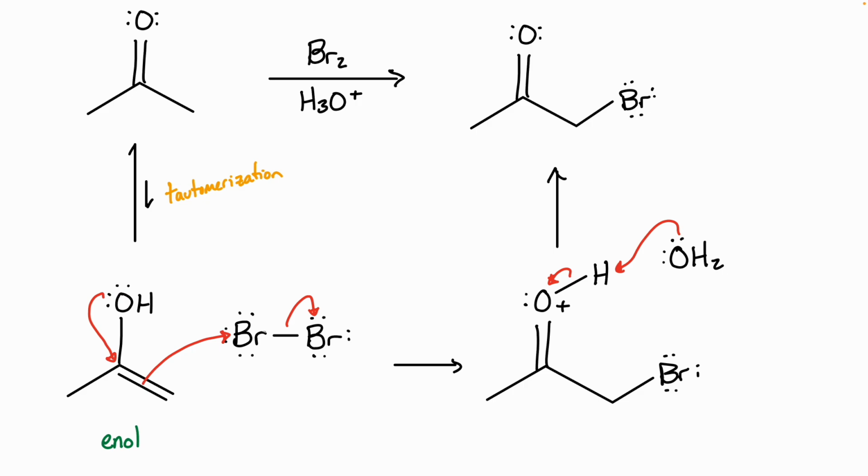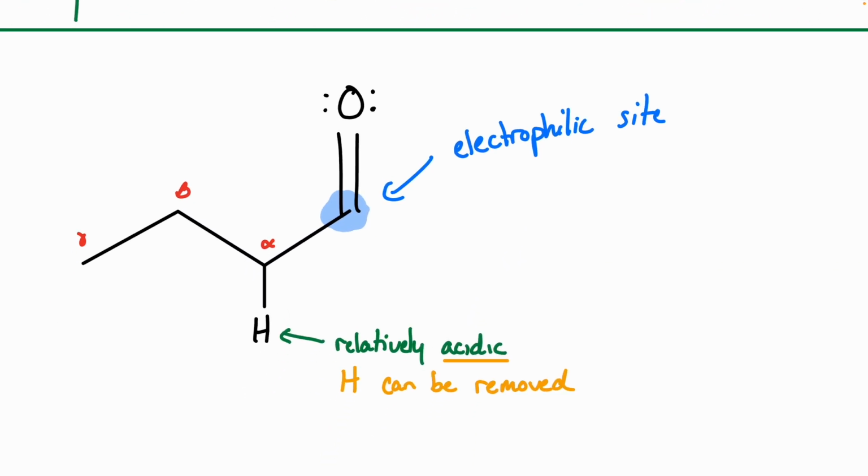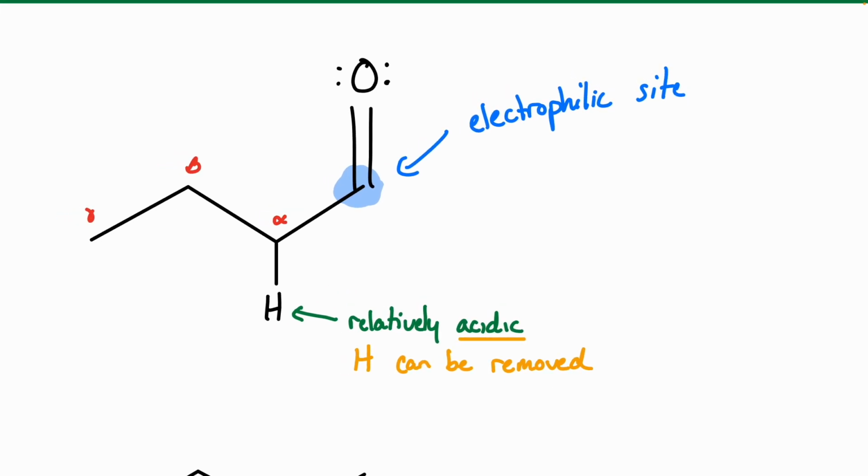All right, but just to go back, we're going to make a big stink out of this here. Our carbonyl carbon, we know, is an electrophilic site. What we're going to see is the theme for this alpha carbon chemistry section is that our alpha carbon plays the role not of an electrophile, but of a nucleophile.